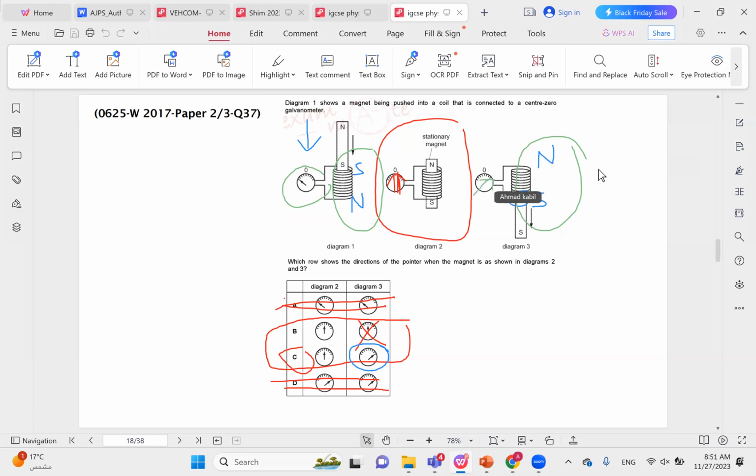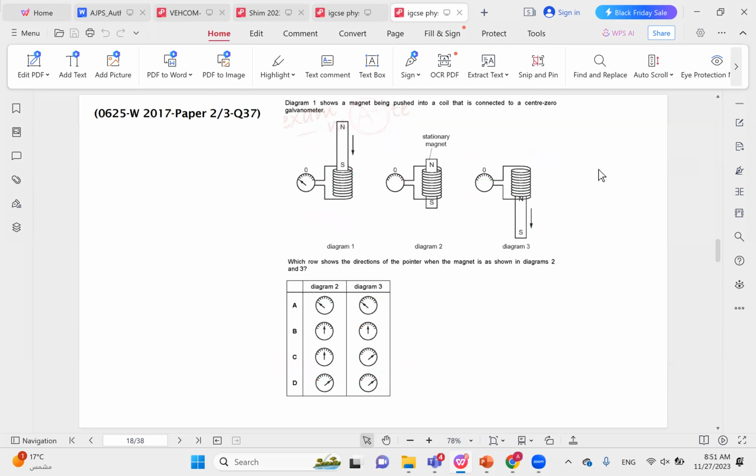And this is confirmed by the answer in choice C. The galvanometer pointer deflects in the opposite direction. This is a bit more detailed. You didn't really need all of this to figure out that it's C. By elimination, we know that A is wrong, D is wrong, and definitely B is wrong as well. But it's good to understand how these things work. For paper 4, maybe. Anyway, the correct choice here is choice C.